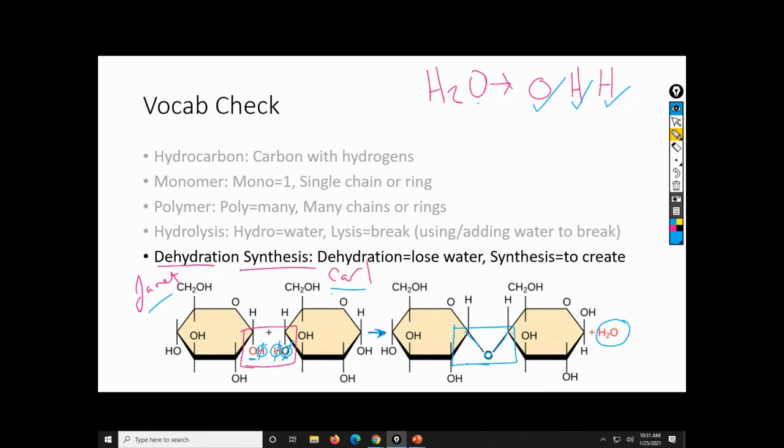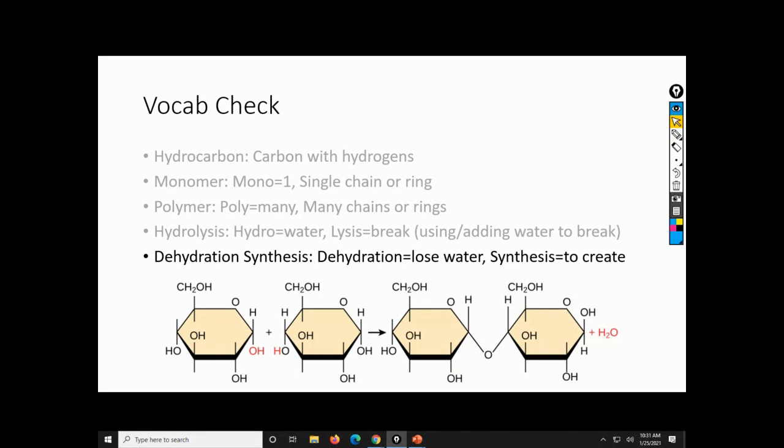Okay. Any questions on what we've done together here and the difference between hydrolysis and dehydration synthesis? Okay. The tool worksheet that I've given you is good practice, and it's also something that's good to bring to a tutoring session or to one of Jasmine's TA sessions to ask questions about.